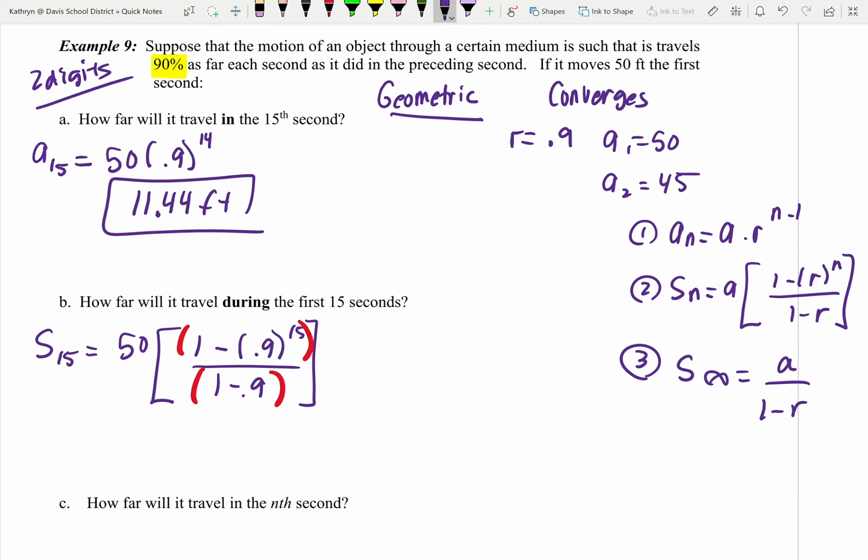So everybody go 50, parenthesis, parenthesis, 1 minus parenthesis 0.9, close it, raise it to the 15th, close it, divided by parenthesis, 1 minus 0.9, close it, enter, and this is 397.05, and that would be feet. By the way, hit second PRB, enter, and you see how it does not give me a fraction. Sometimes it's a good fraction, sometimes it's not. So don't worry, just check, and otherwise you're fine.